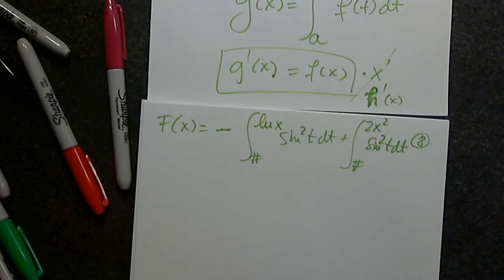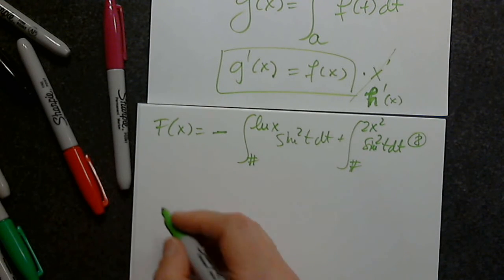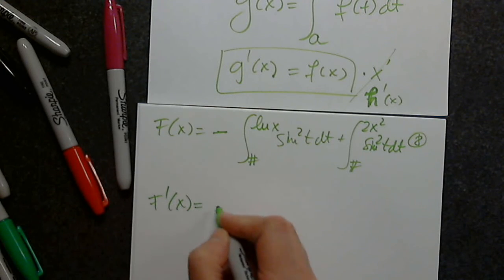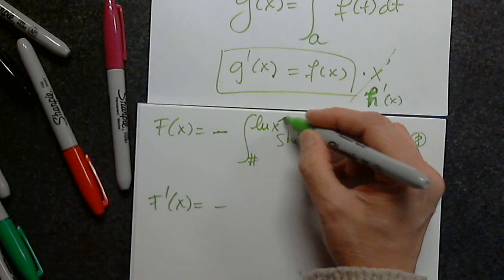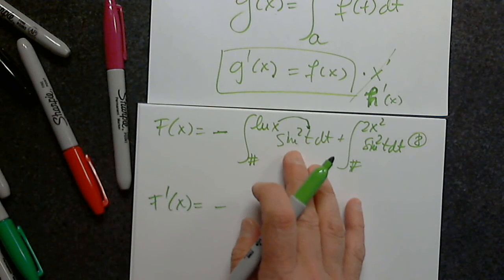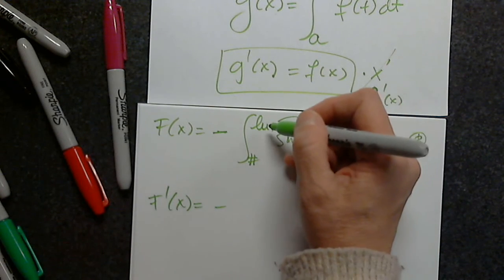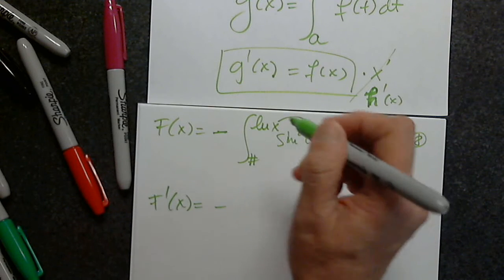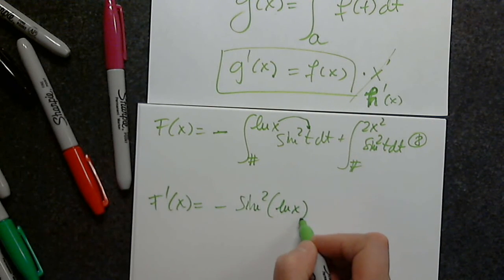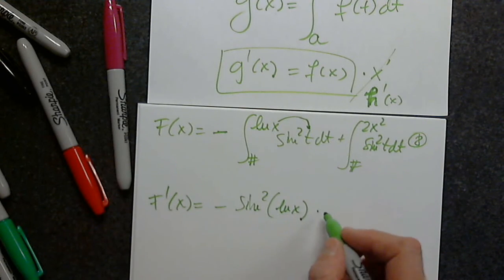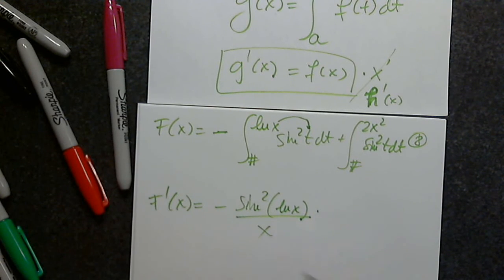I differentiate the left-hand side, I differentiate the right-hand side, and I get f prime equals. Remember, when we differentiate an integral, we get the function, but this is a function, so I have to replace t by that: sine squared of natural log, but I have to multiply by the derivative of log, which is 1 over x.